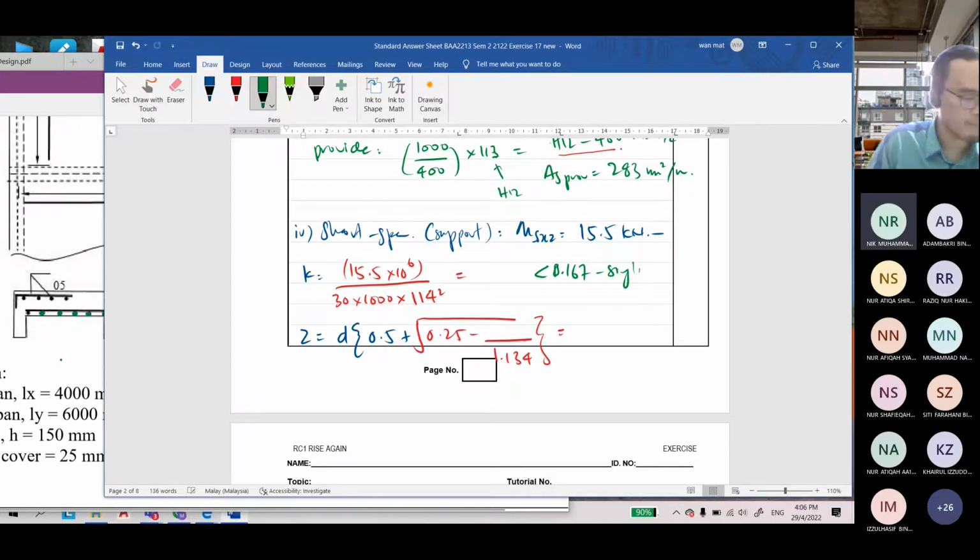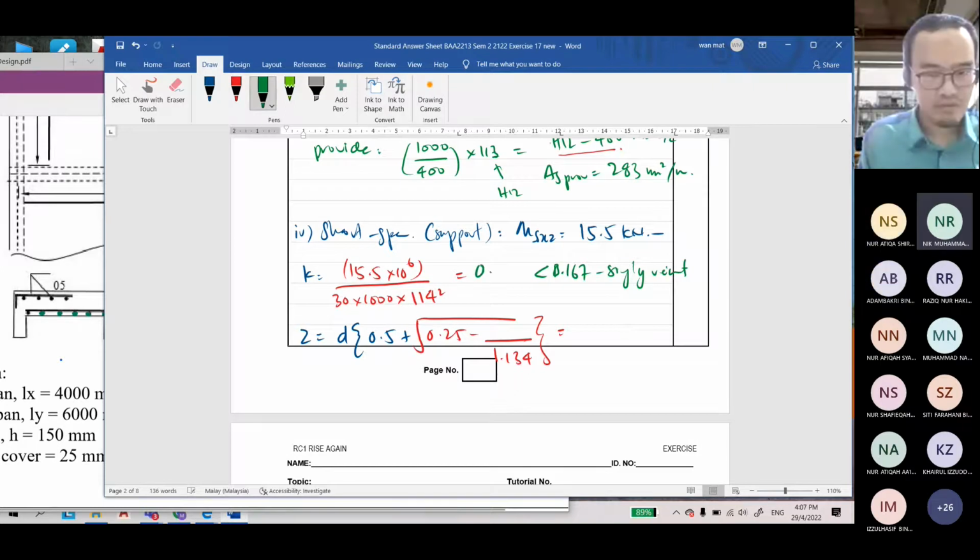So what is the value? 0.040. Okay, so you just use 0.04 here. What is the value of Z?